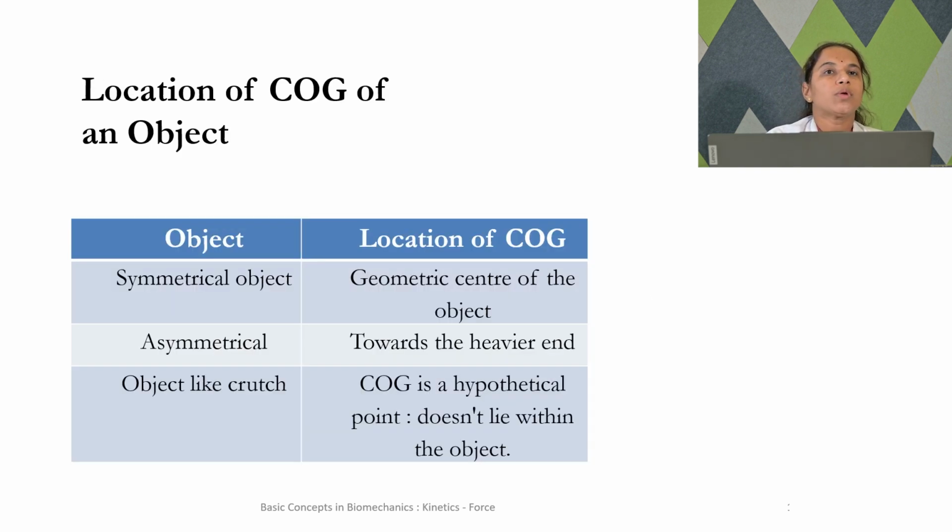Now coming to the location of center of gravity of an object. If you take any symmetrical object like a ball, the center of gravity is located at geometric center of the object. In case of asymmetrical object like a stick which is heavier at one side and lighter at another side, it is located towards the heavier end, while in an object like crutch, the center of gravity is a hypothetical point which does not lie within the object.